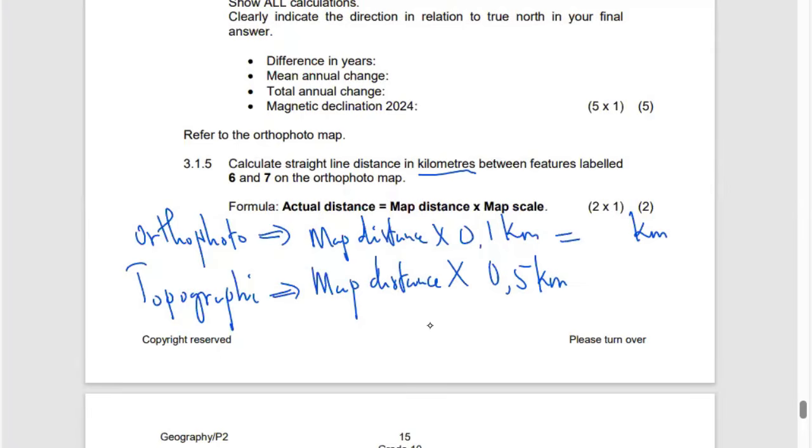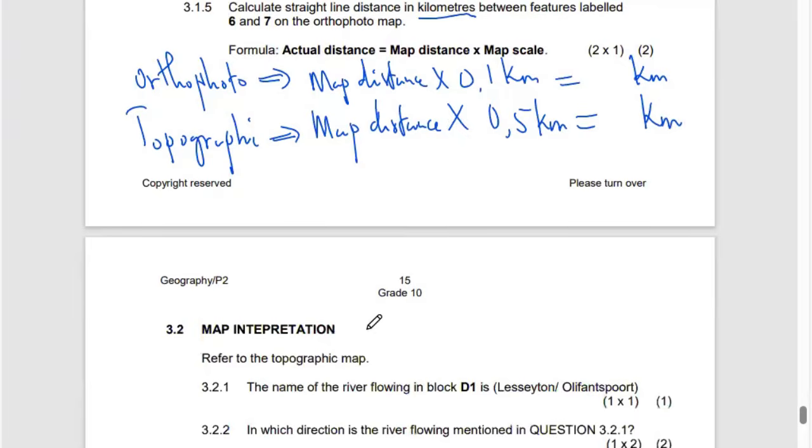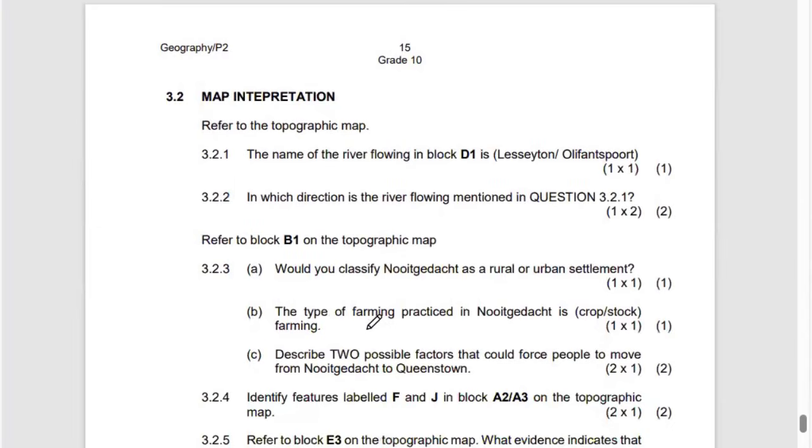The orthophoto scale is 1:10,000. 10,000 centimeters is equivalent to 0.1 kilometers, which is 100 meters. So by multiplying by 0.1 kilometers, you get your answer in kilometers. And by multiplying by 0.5 for the topographic map, you also get your answer in kilometers.